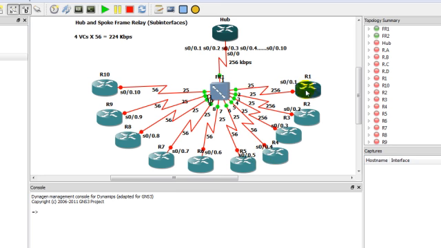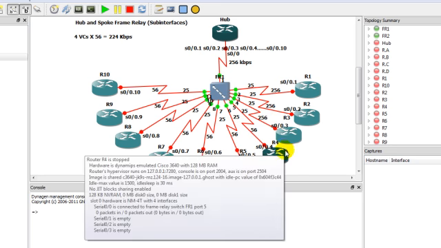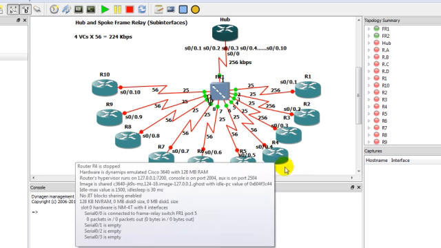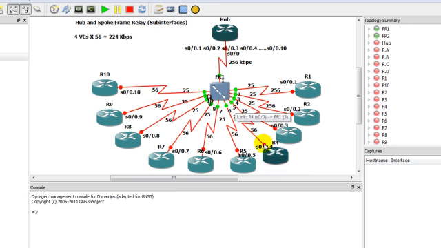Just focus on the 4 routers here. So if I have 3 routers with 256 kilobits per second, and just 1 router with 56, in this case it's good to use point-to-point sub-interfaces for this line.